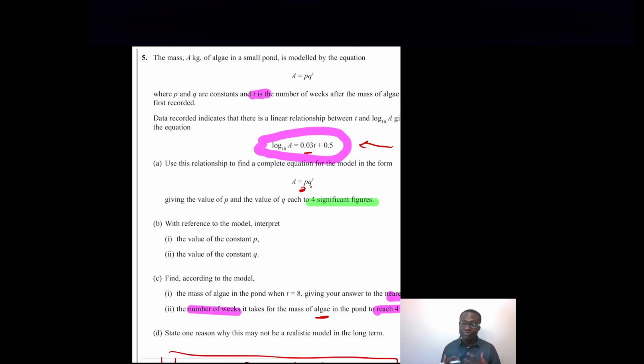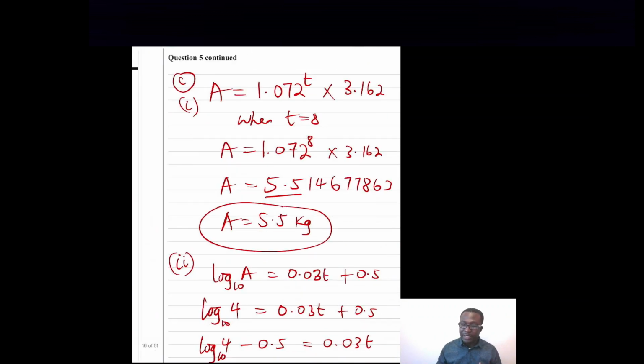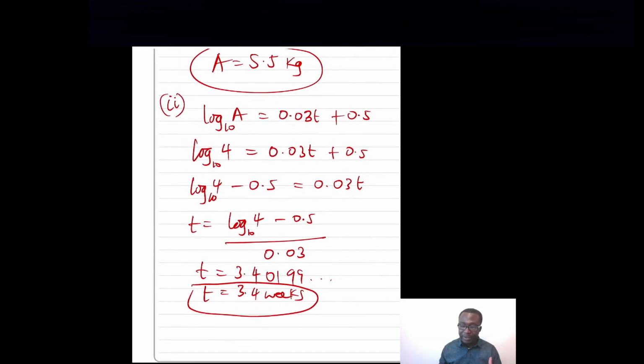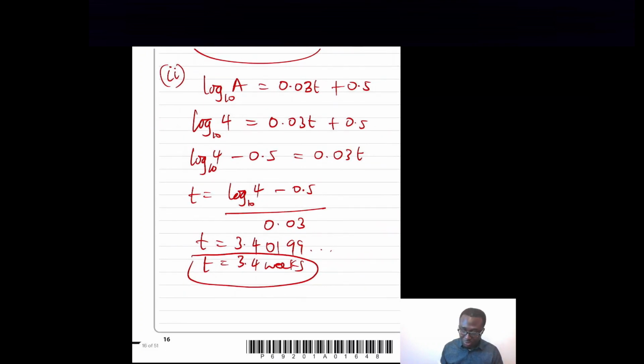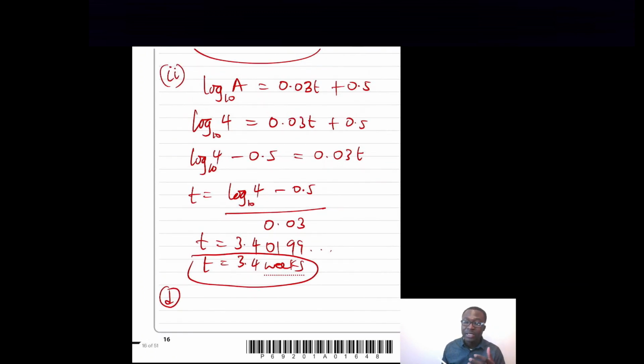It is unrealistic to think that the mass of algae in a small pond will increase unlimitedly, infinitely. It won't happen. So the model is saying that the mass of algae will be increasing indefinitely, which is impossible. That is the D part. So the model predicts that the mass of algae increases indefinitely, which is not possible.